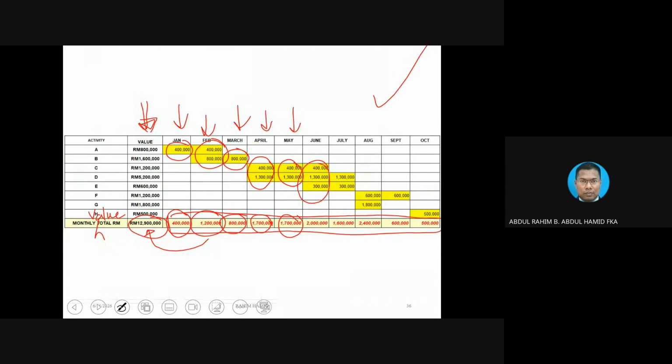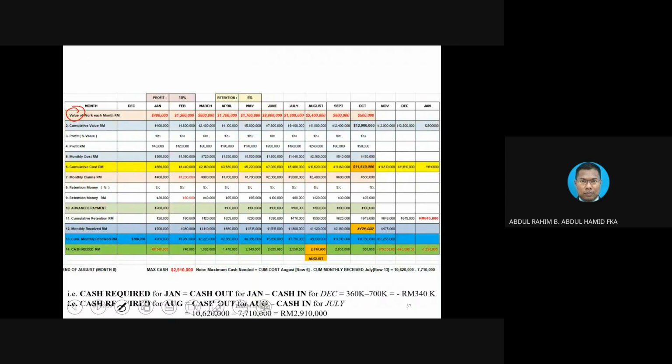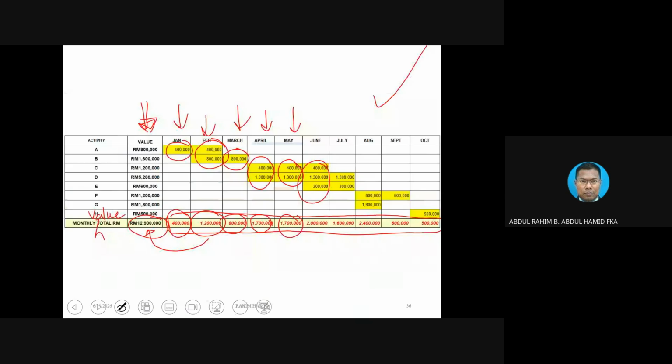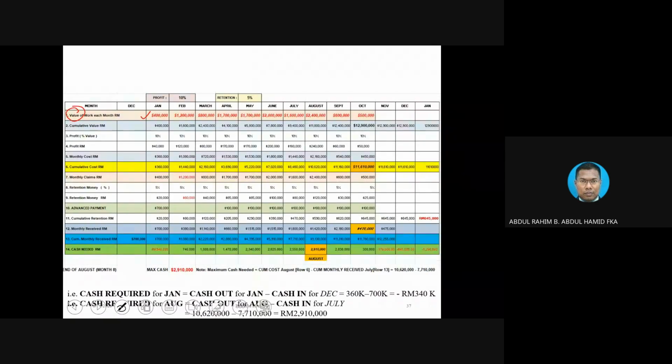Okay, now you start with value. Where do we get all these numbers? From here. You just simply copy and paste into the first row. You finish. Number 2, cumulative value. Can you convert into cumulative?